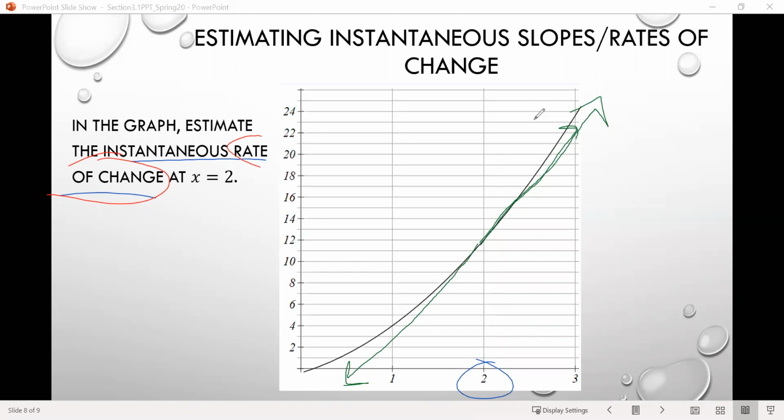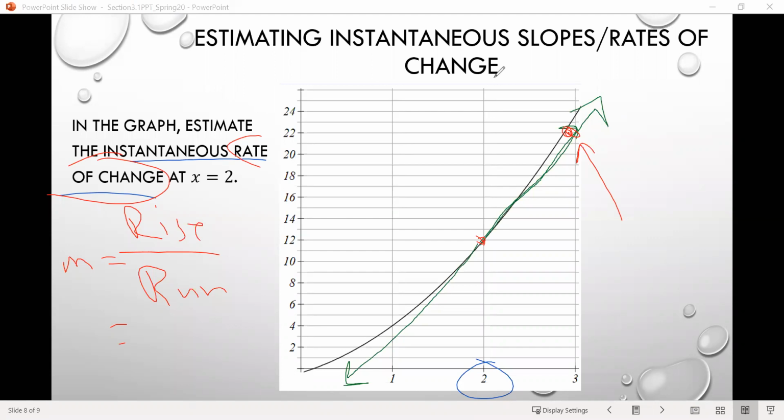And can we find the slope of that line? Well, hopefully you're saying the answer is yes, because remember, slope is not only y2 minus y1 over x2 minus x1, but another way to think about it is rise over run. So what I could do is identify this point here, and identify another point on my tangent line, which looks like it goes through that point right there, about 3, 22.